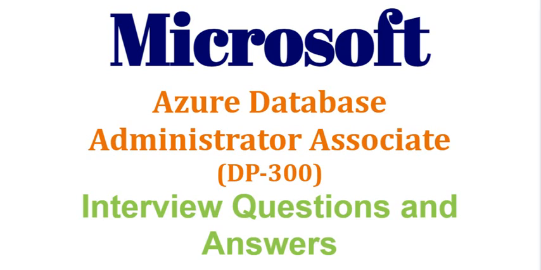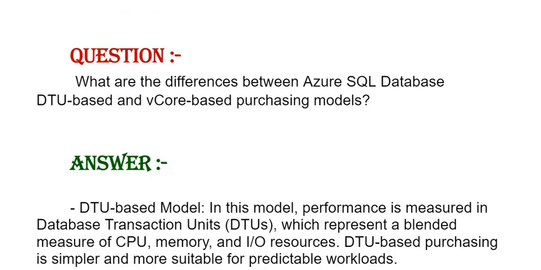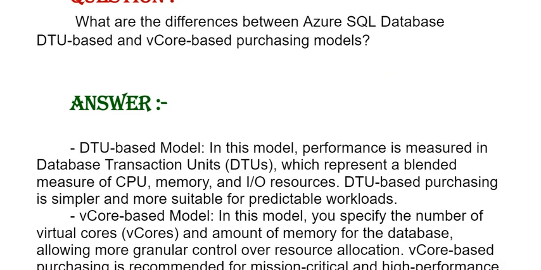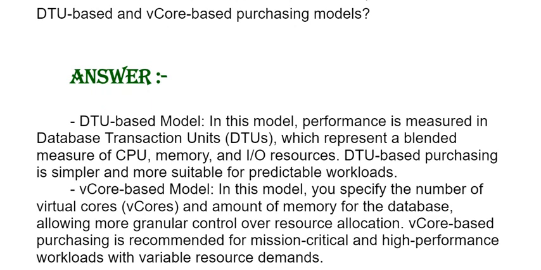The question is, what is the difference between Azure SQL Database DTU-based and vCore-based purchasing models? Your answer should be DTU-based model. In this model, performance is measured in database transaction units, DTU, which represents a blended measure of CPU, memory and I/O resources.